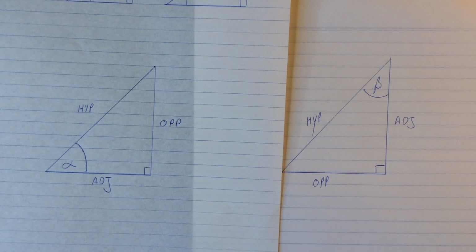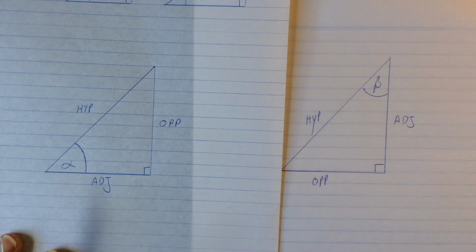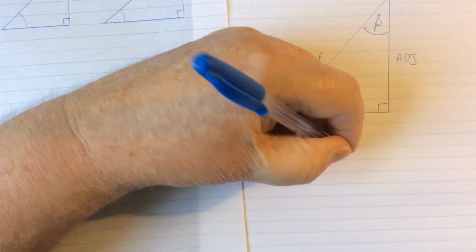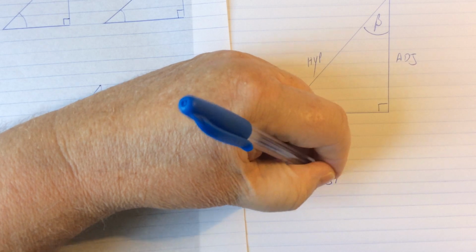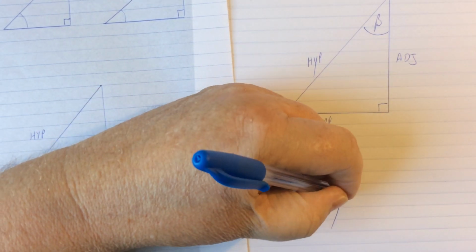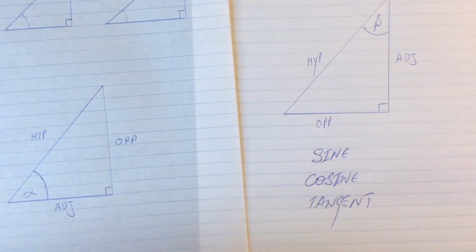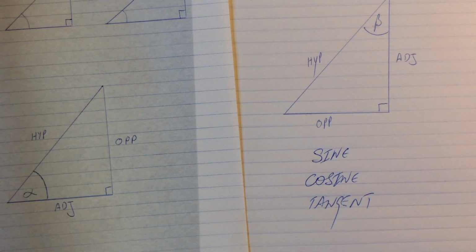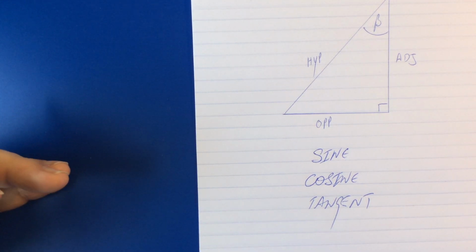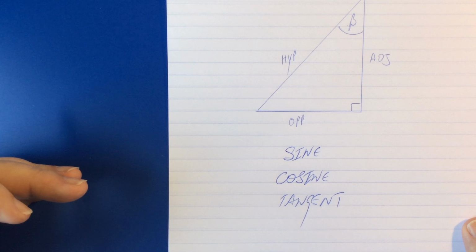Now, the next step from here, which will be a separate video, is to define the ideas of, let me write these here, sine, cosine, and tangent, which are three ratios that we use to find either a missing length in a triangle or an angle.